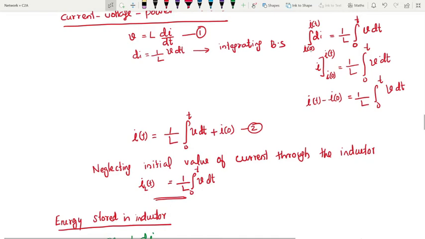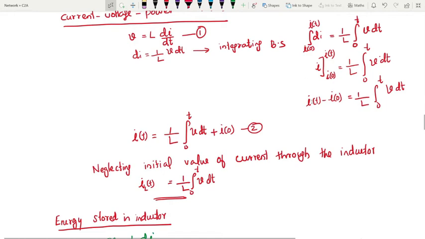So integral I0 to I(t) di is equal to 1 by L integral 0 to t V dt. Integration of di is I with limit I0 to I(t), that is I(t) minus I0 is equal to 1 by L integral 0 to t V dt, where I0 is the initial value of current through the inductor.